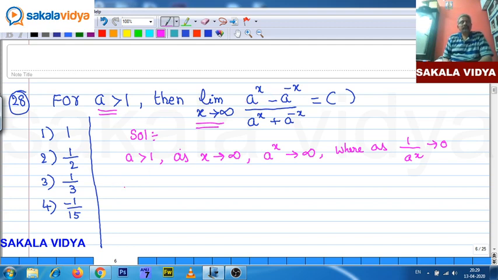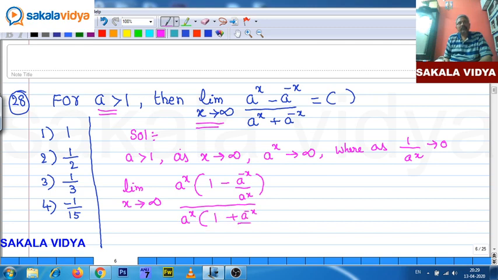So this we can write like this: limit x approaches infinity, or you can take out a power x common, (1 minus a power minus x by a power x) upon, in the denominator also take out a power x common, (1 plus a power minus x by a power x). So this a power x gets cancelled.